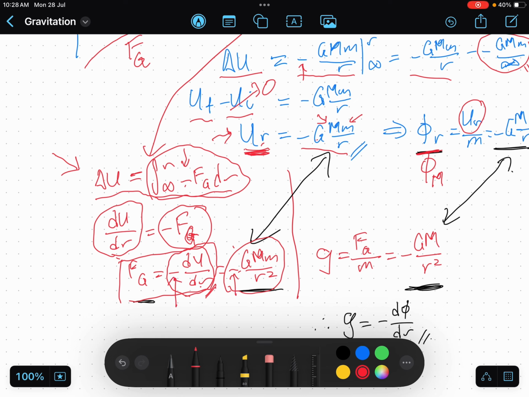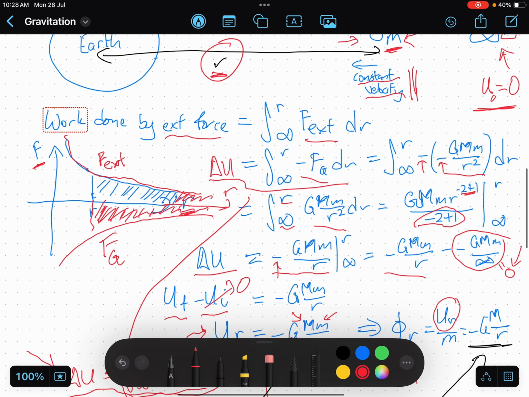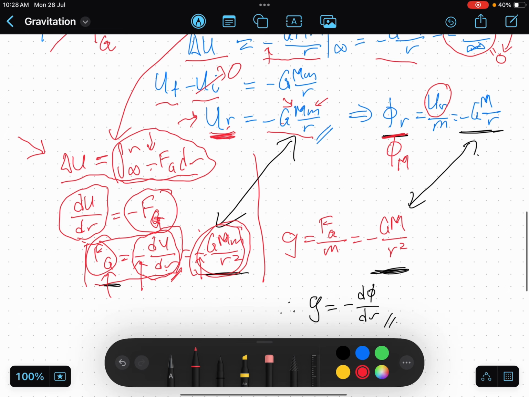So that's why Fg fulfills the whole circle. That's why your Fg is minus GMm over R squared. If you look at the front, you see Fg is GMm over R squared. So this is a full circle, to show you everything together.